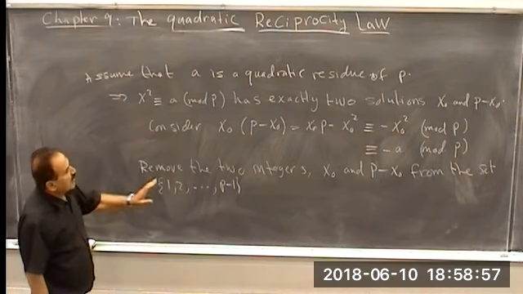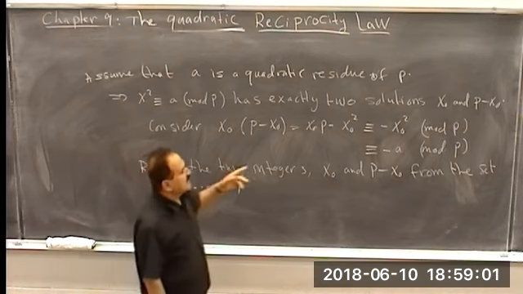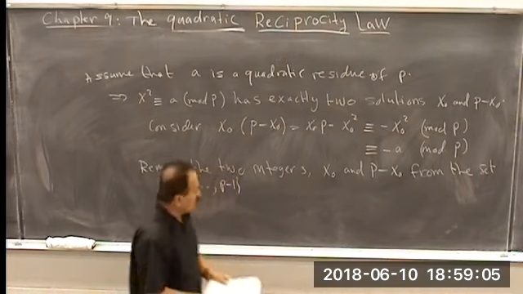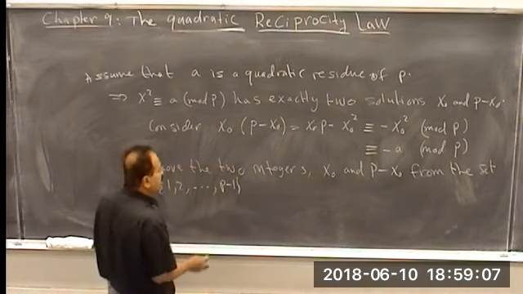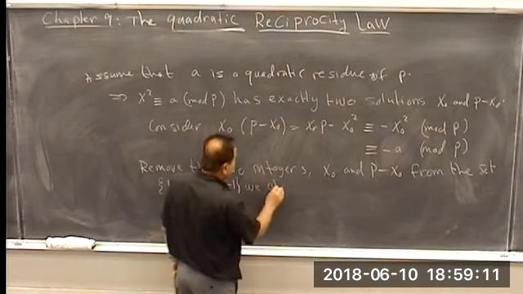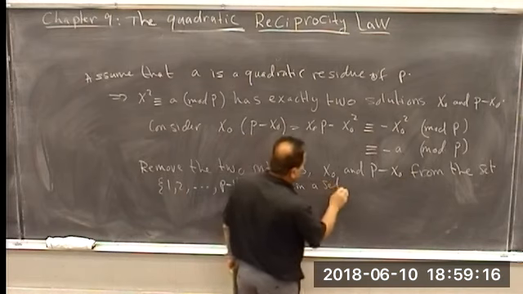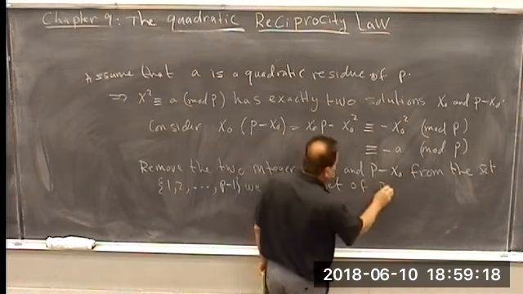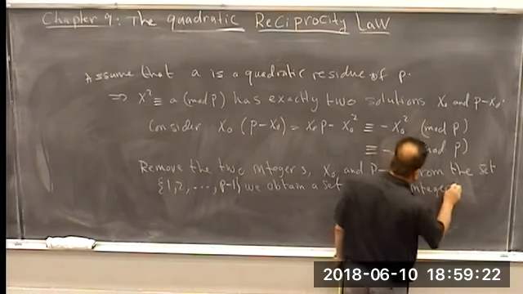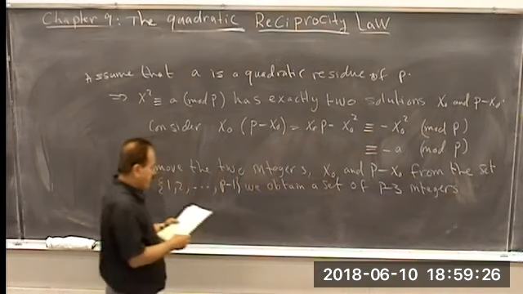All the integers in here are not going to be satisfying this. So when we remove these from this set, we obtain a set of p minus 3 integers. The remaining, just subtract 2, so you get p minus 3.